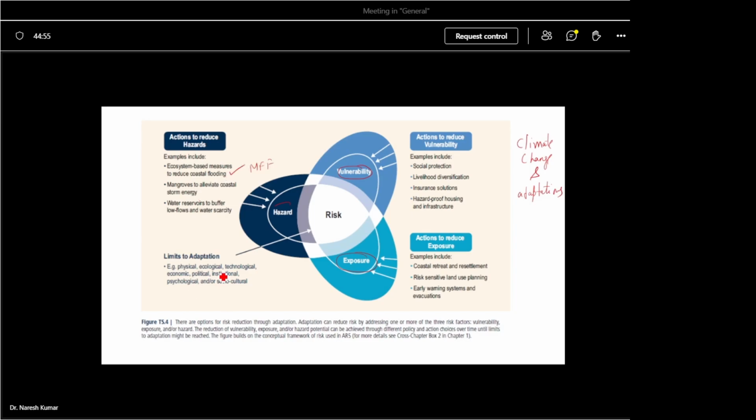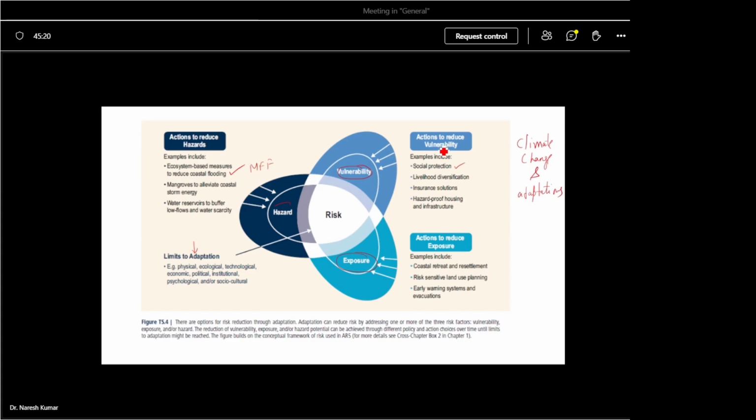Adaptation: physical, ecological, technological, economic, political, institutional, psychological, and socio-cultural efforts. So these are the limits to adaptation. Now, actions to reduce vulnerability: social protection. When do we go into overusing resources? When we do not have proper awareness, or when we lack resources.